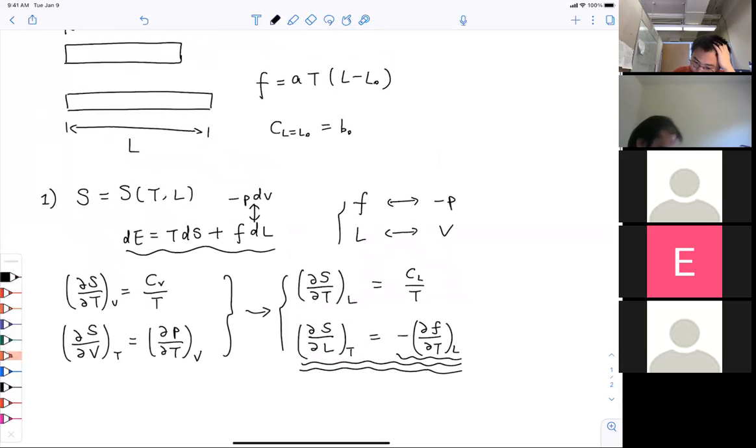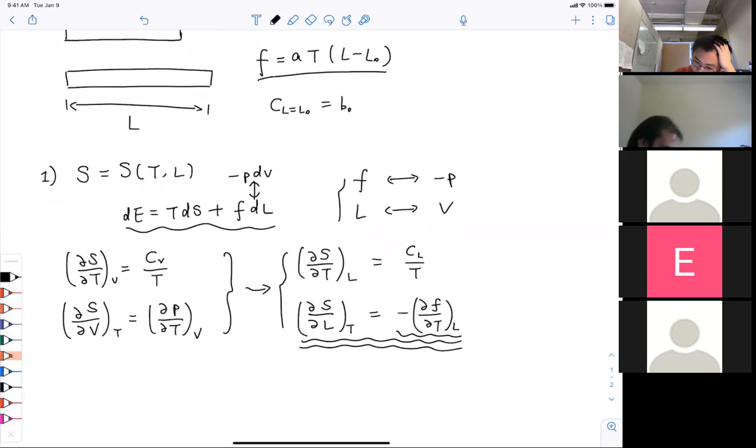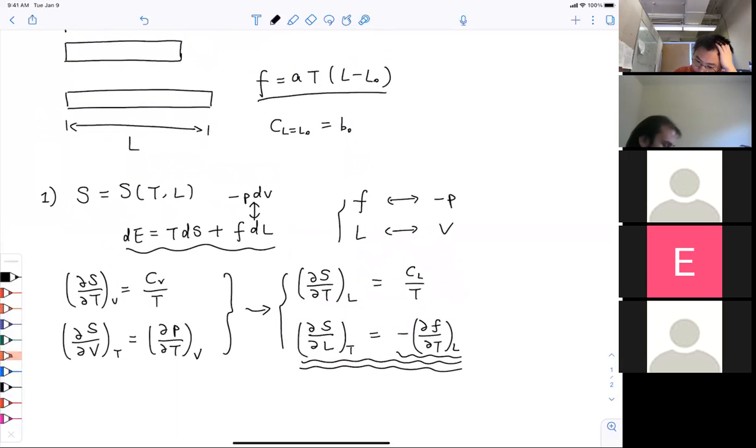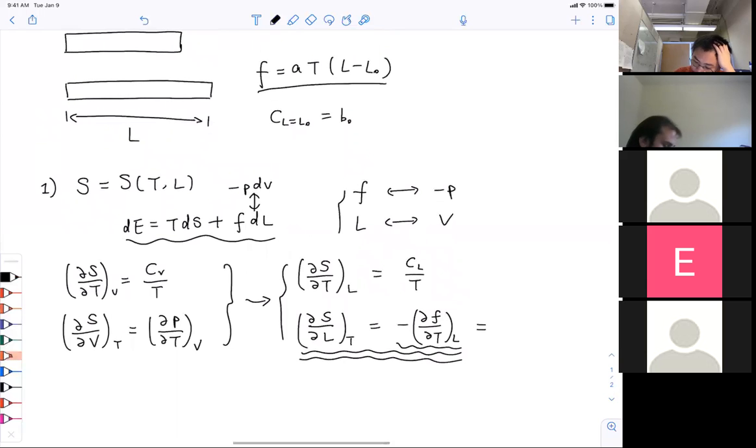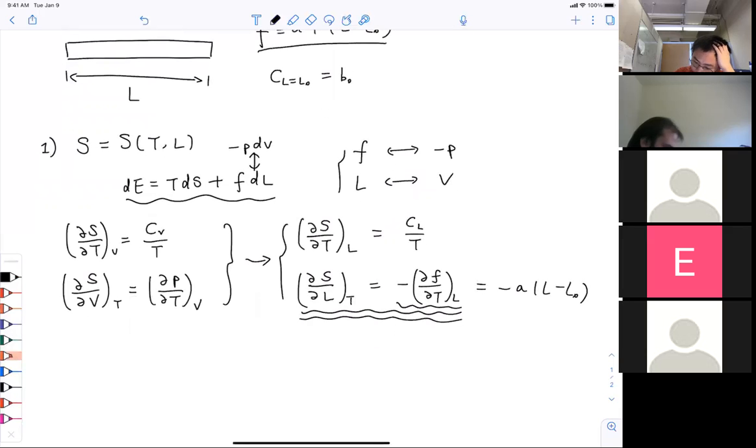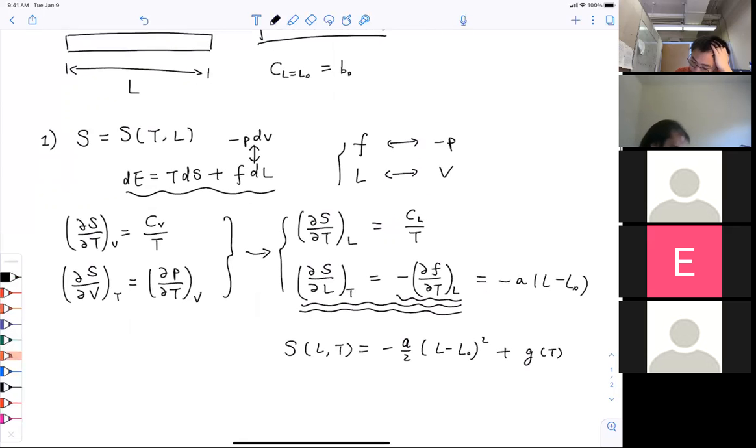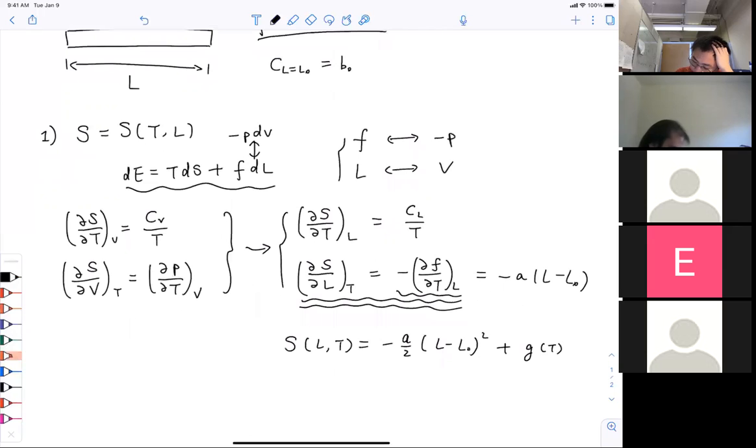F equals this expression, so taking a derivative with respect to T gives us A times (L minus L naught). Integrating over L, we get the L dependence, which is minus a half A (L minus L naught) squared, plus some arbitrary function g of T, which will be fixed by the first equation.